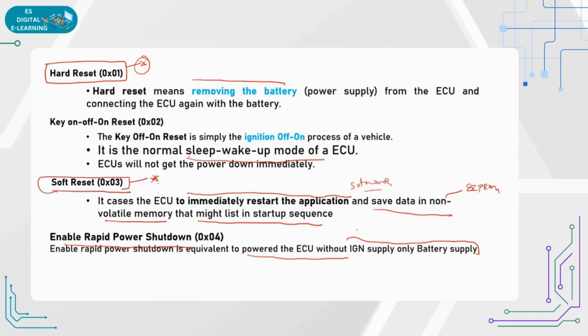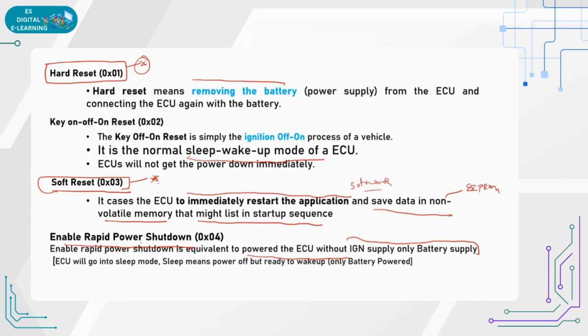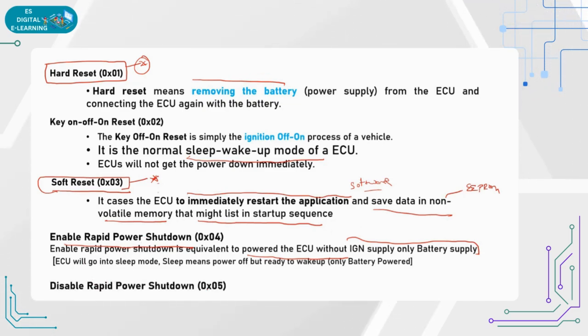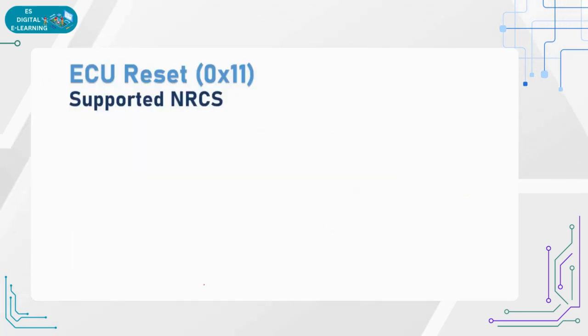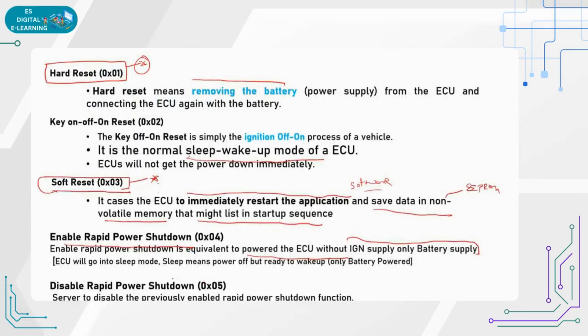Directly we are connecting to the battery, so that we do for these services. As of now, it's not required. And next we have disable rapid power shutdown. Here also we are disabling the previously enabled one, and we are making the shutdown again. So these are specific things. As of now, it's not much required.